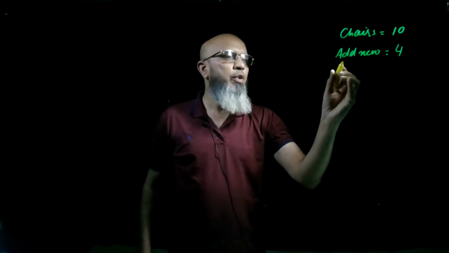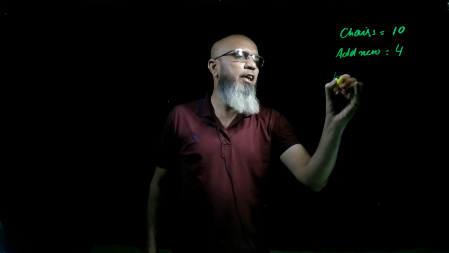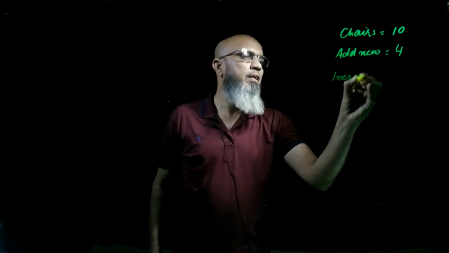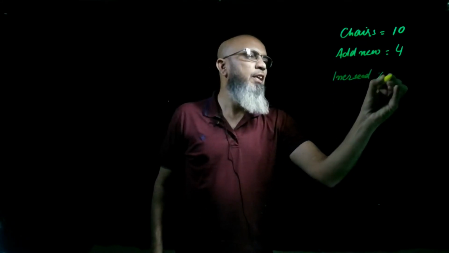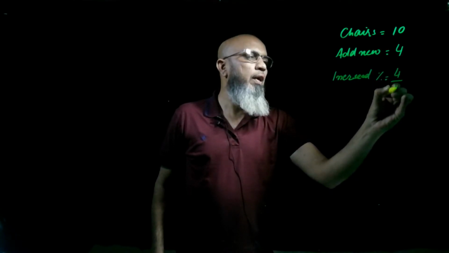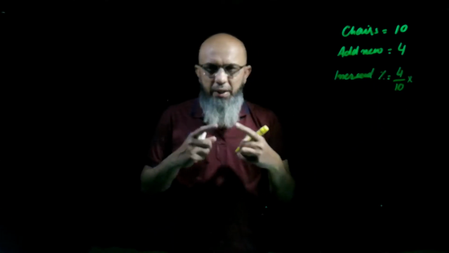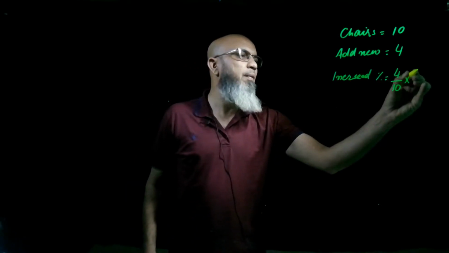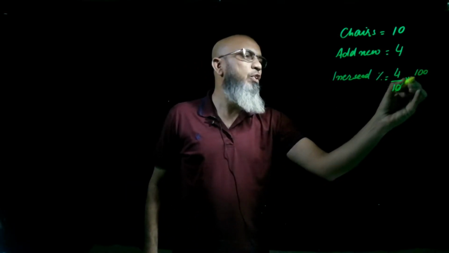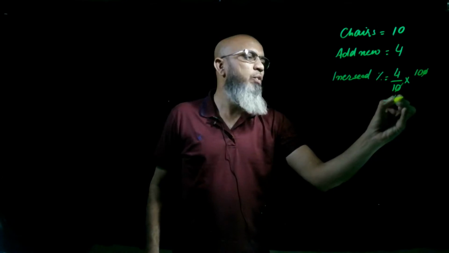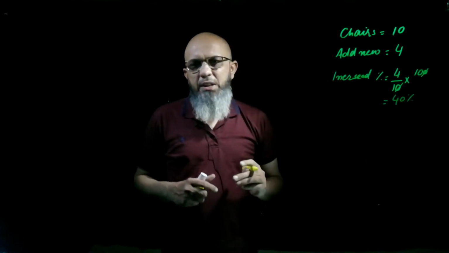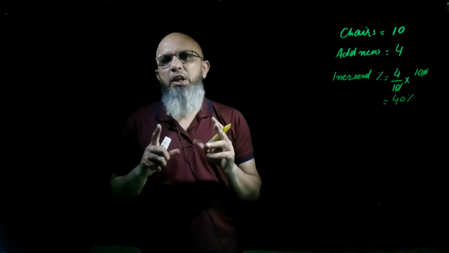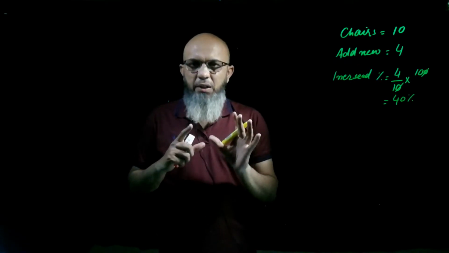That is 10. So the increased percentage is 4 over 10, and we are going to find the percentage, so you have to multiply with 100. So 0 cuts with 0, and what do you get? 40% of chairs increased, right?